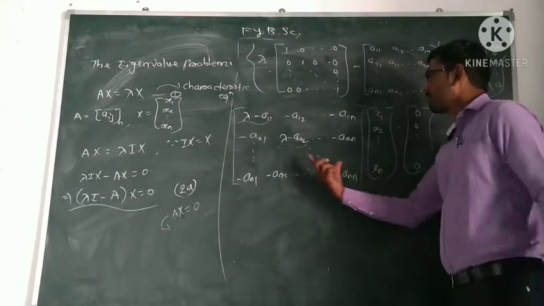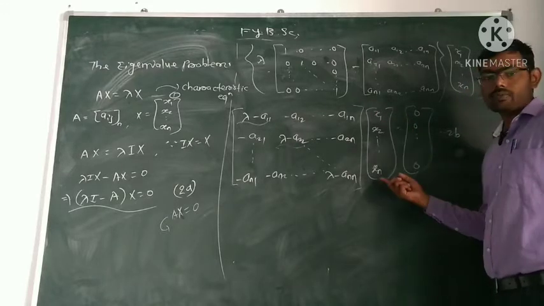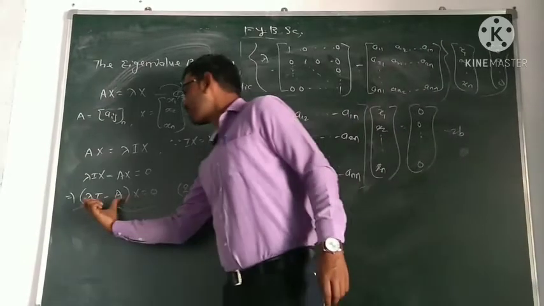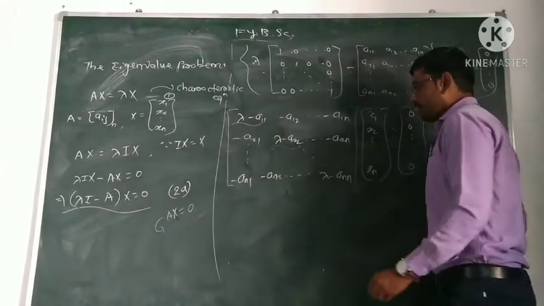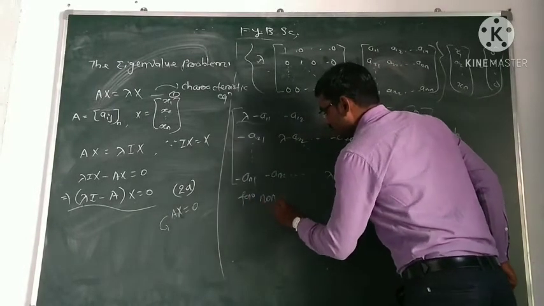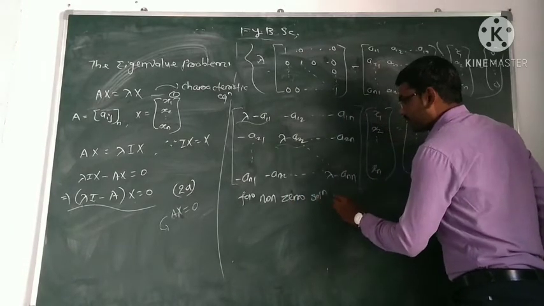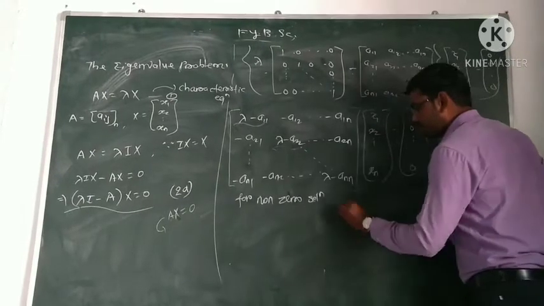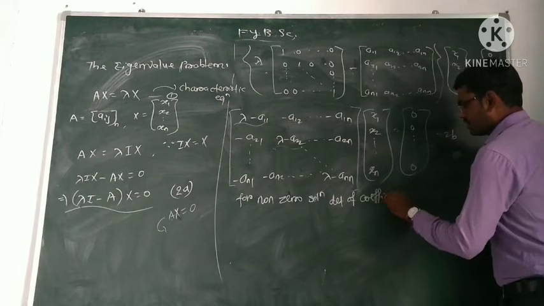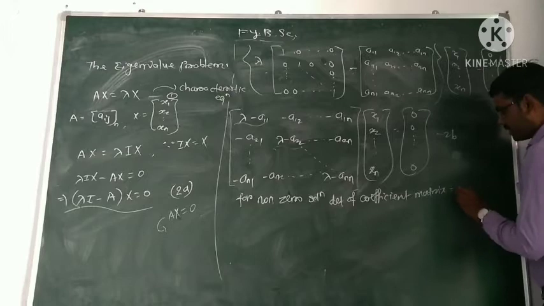Here also, this is the coefficient matrix and this is some vector equal to 0. To get a non-zero solution, the determinant of this coefficient matrix must be equal to 0. This implies that for a non-zero solution, the determinant of the coefficient matrix must be equal to 0.